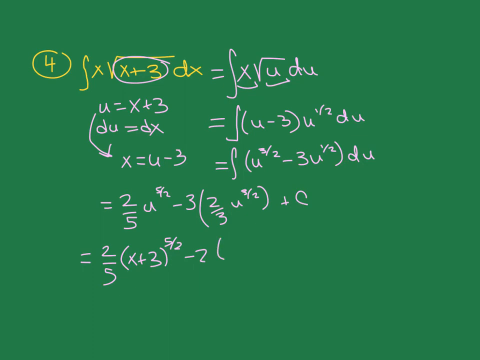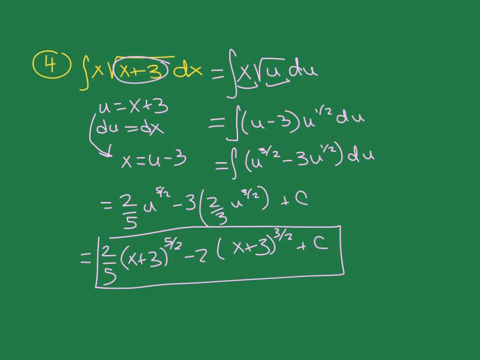So my final answer, my 3's cancel out, which is nice. Final answer is going to be this right here. Another one, you're welcome to take the derivative of this to make sure you get what you started with. You will get what you started with. You might have to do a bunch of simplification, but it does actually work out.